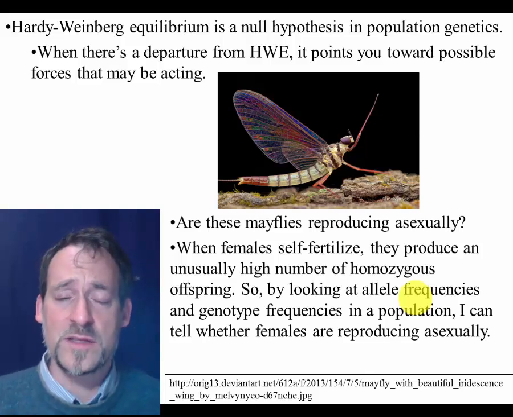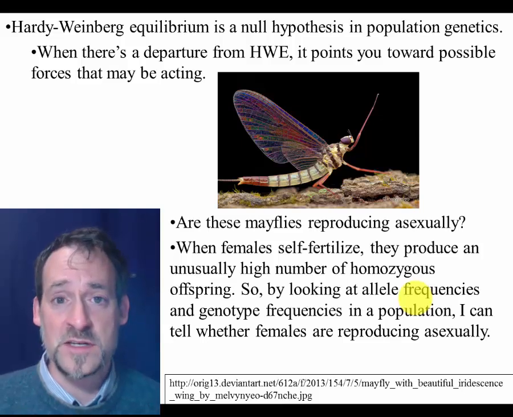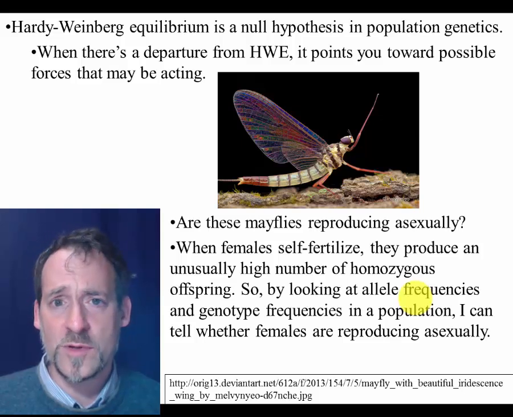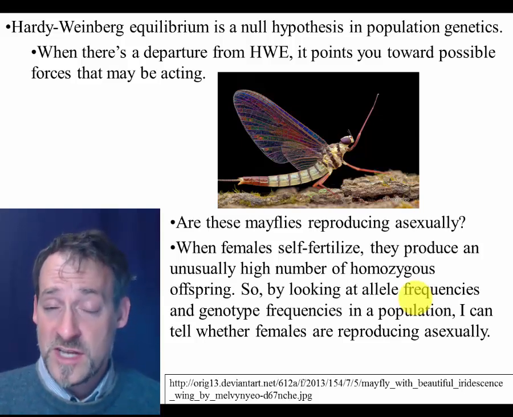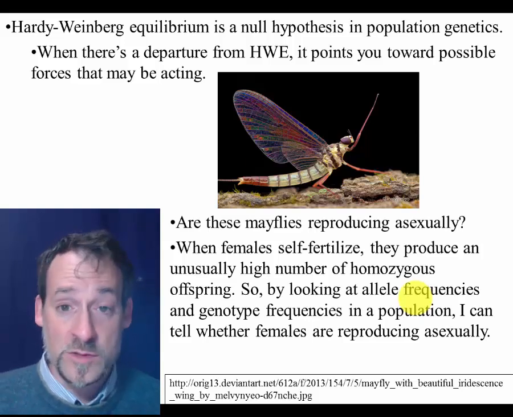That leads to other hypotheses about why they're reproducing asexually in some places and not others. But a comparison to Hardy-Weinberg equilibrium was a critical step in moving this research forward towards figuring out what's going on here.